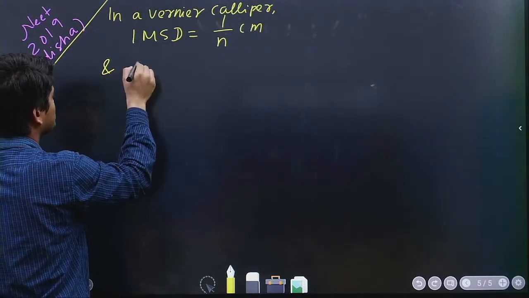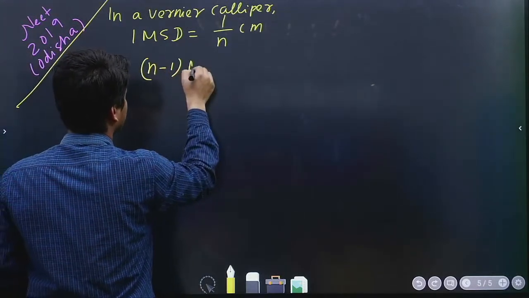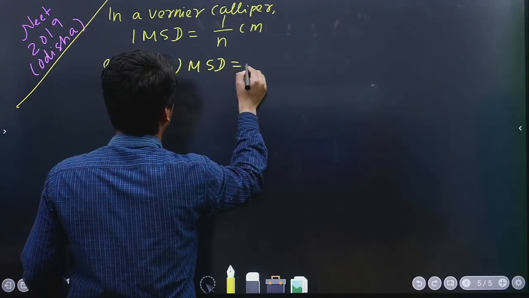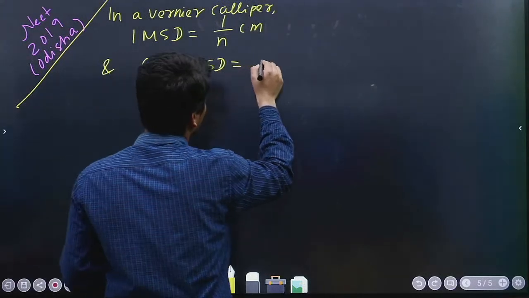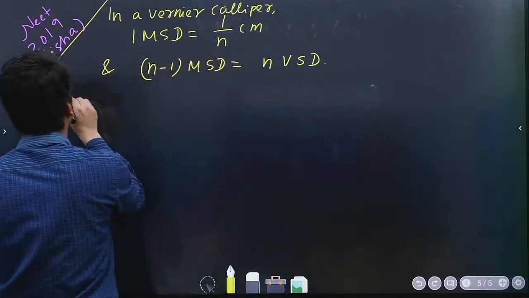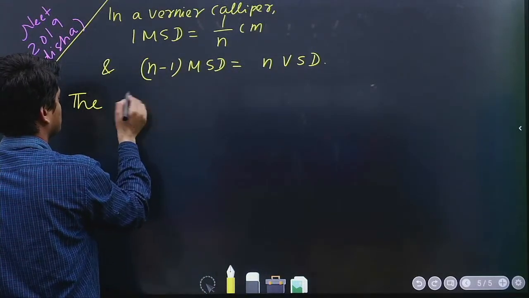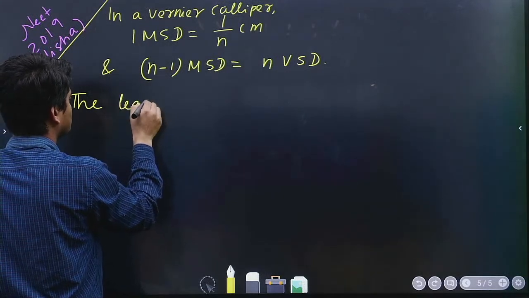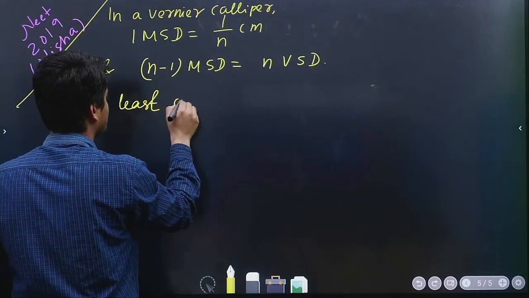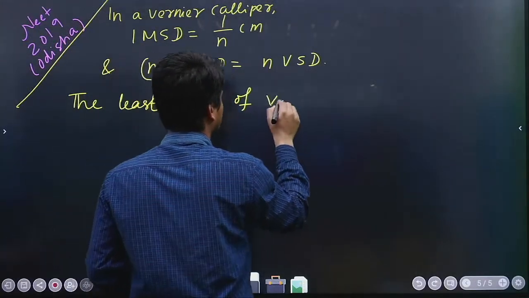And here they gave n minus 1 MSD. N minus 1 MSD how much? N VSD. It is also given. Now the least count of a vernier caliper is what?